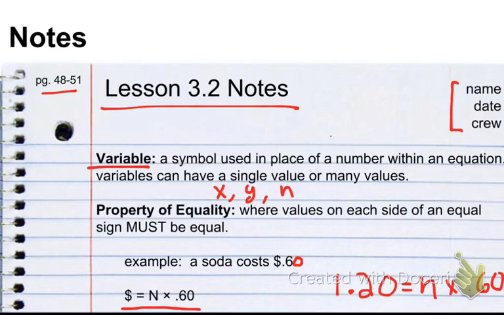You can pretty much figure that out. There's only one answer that can make this true. In order for this side to equal that side, n has to be 2. We'll get more into what's actually going on here later.